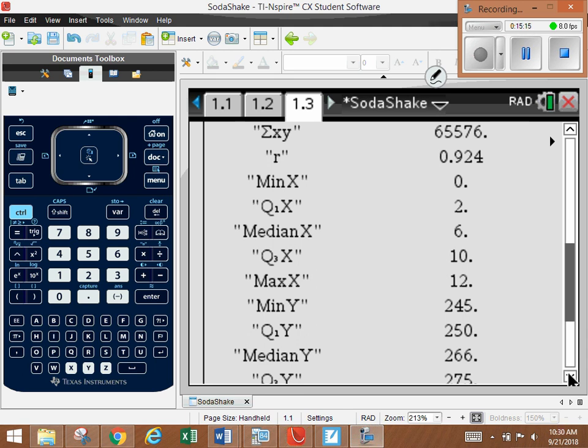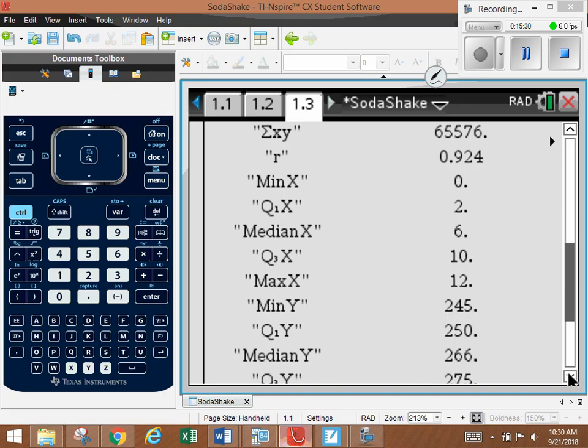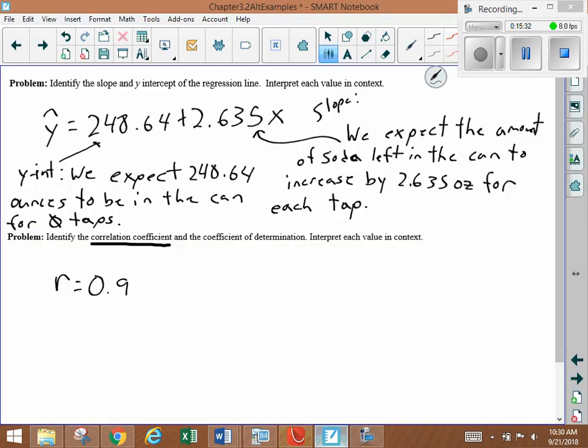All right, so we have now our R value, 0.924. Let's interpret that. So this is the correlation coefficient. It's R. 0.924. I got caught up in my stupid joke. Okay. What does that tell us about our data? It tells us that there is an extremely strong positive correlation, right? And how do we get our R squared value?